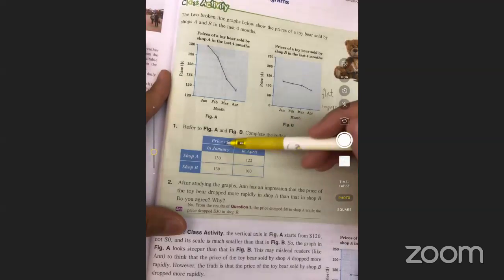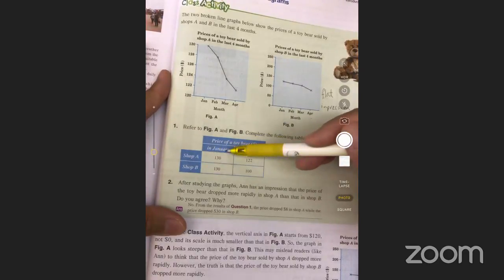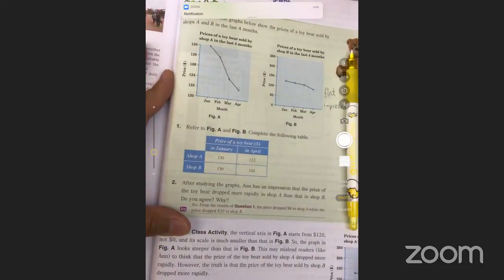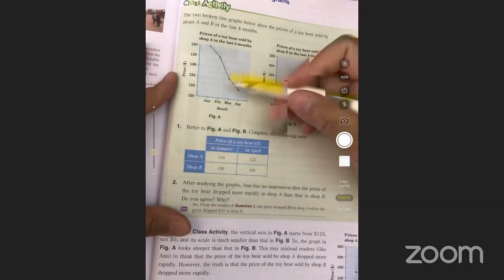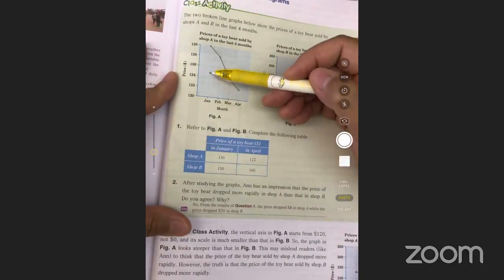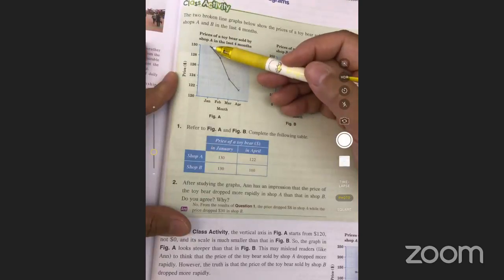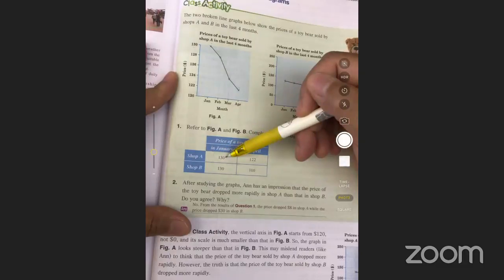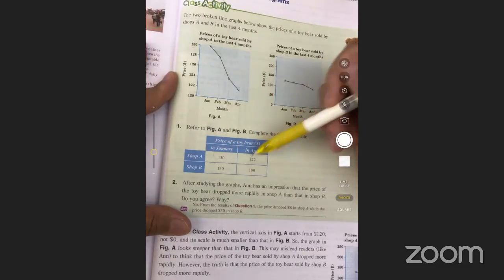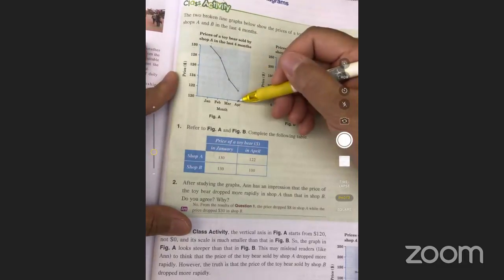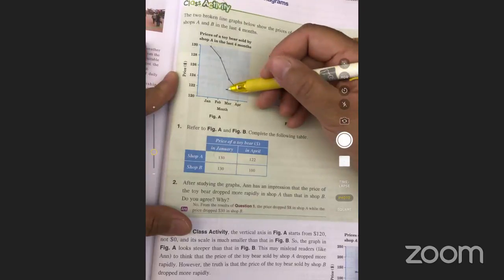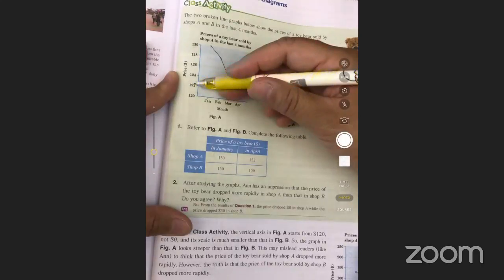For example, for shop A, the price in January: you look at the graph, this is for shop A, January, and then you go up to this one and refer to this one. Therefore, we get 130 here. And in April, you go up to this one, and it means the price is 122.